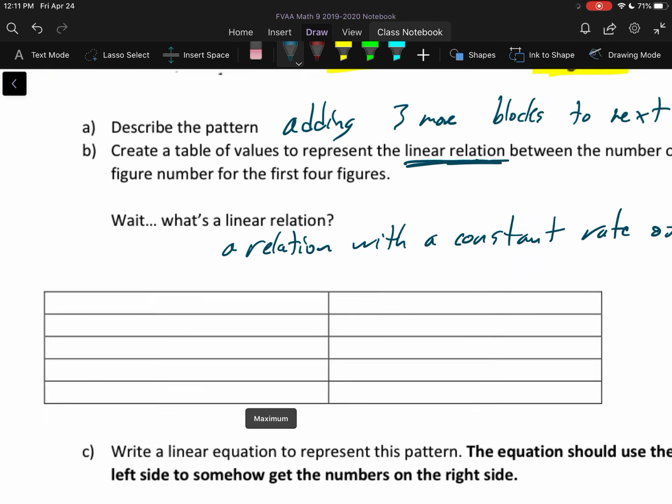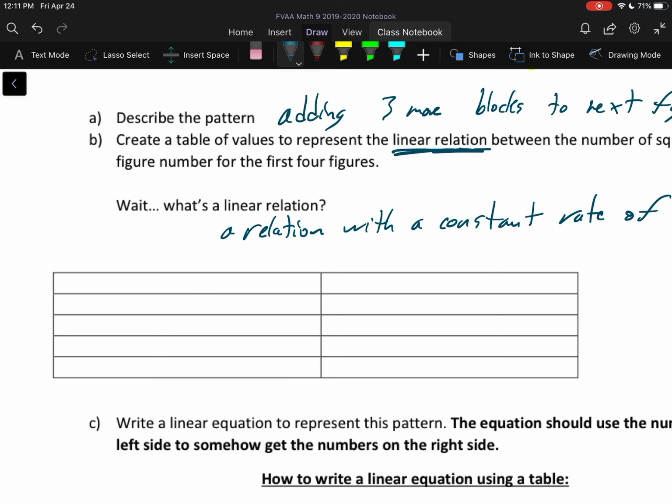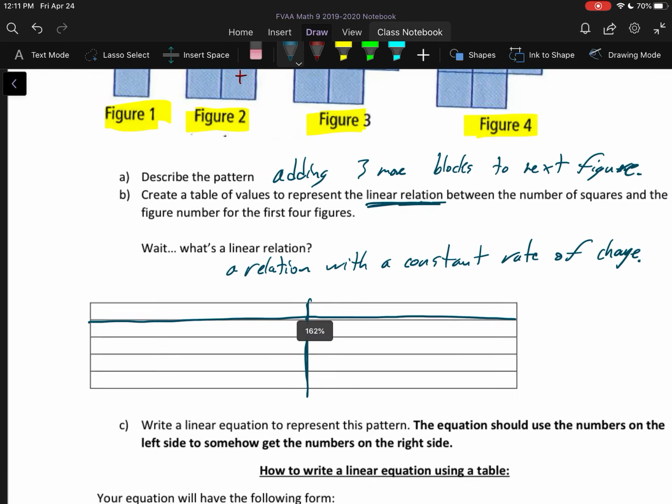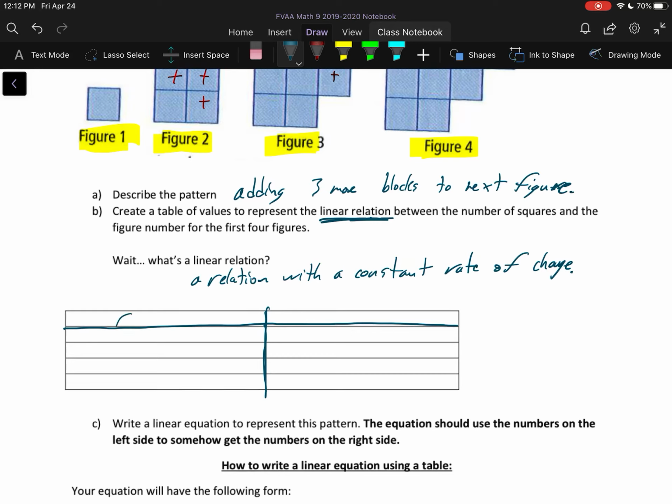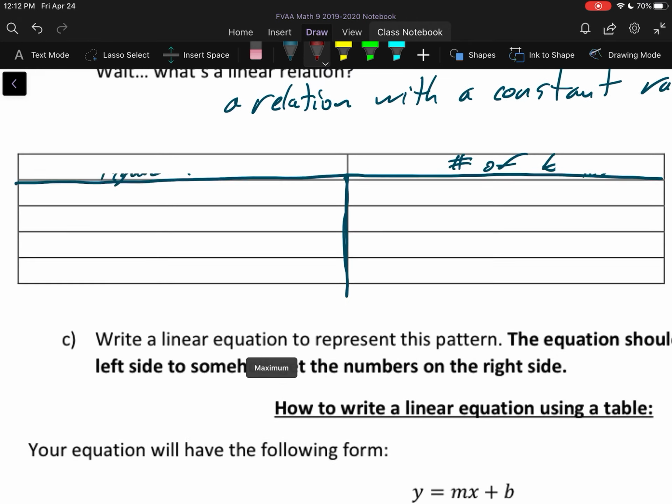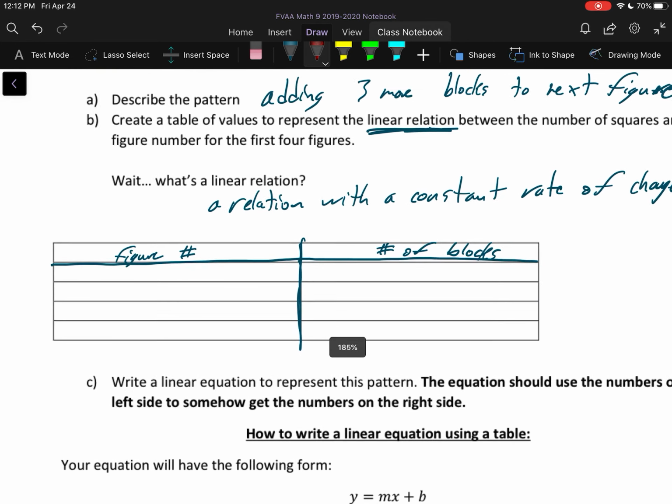Okay, what should we put on the left and the right? Let's introduce our values here. Okay, split it in half. On the left side, I'm going to put figure number. And on the right side, I'm going to put number of blocks. All right, and now here I have 4 figures.